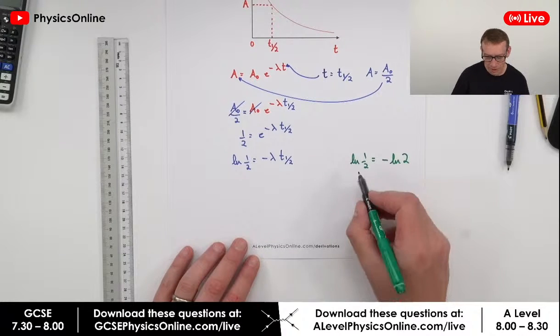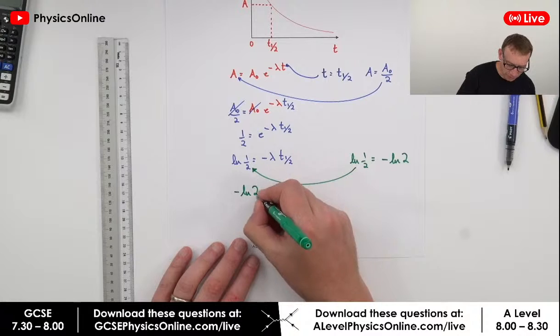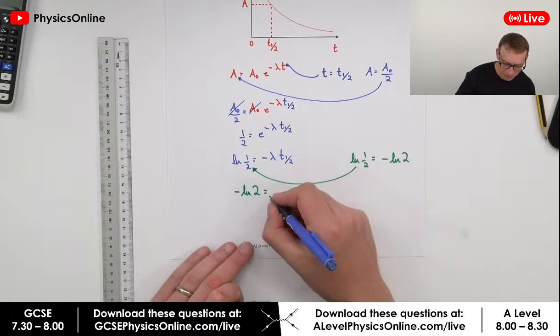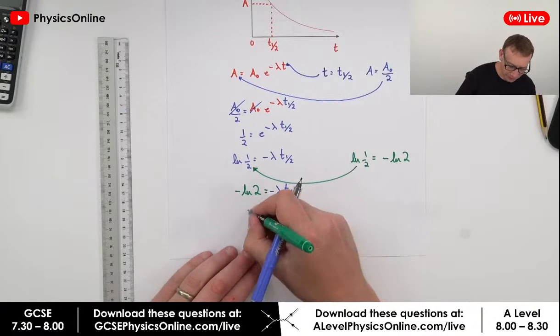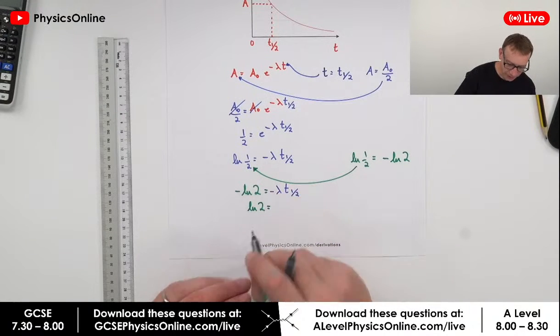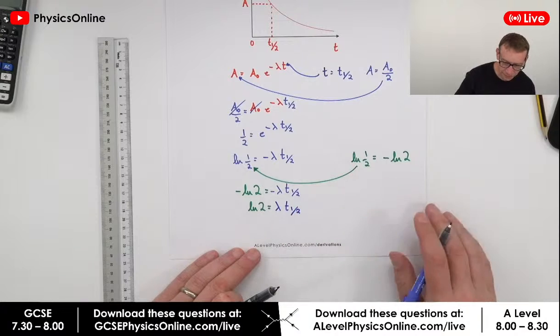So we can also write this as minus the natural log of 2 is equal to, this is probably an extra step you don't need to include, and therefore what we can say is the natural log of 2 is equal to lambda t1/2.